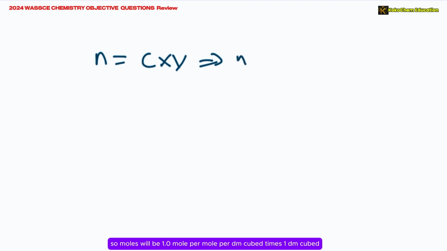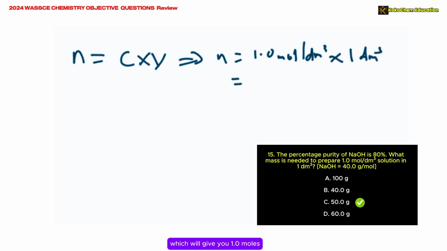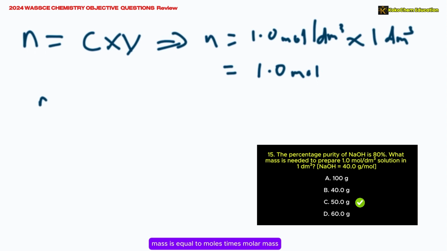Explanation. Moles is equal to concentration times volume. So moles will be 1.0 mole per dm cubed times 1 dm cubed, which will give you 1.0 moles. Mass is equal to moles times molar mass.